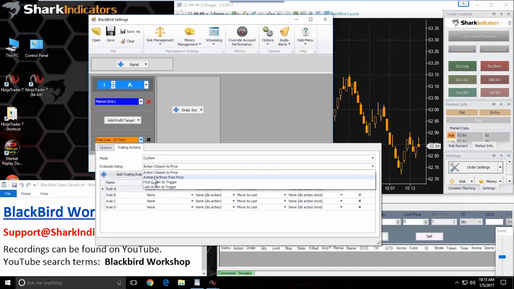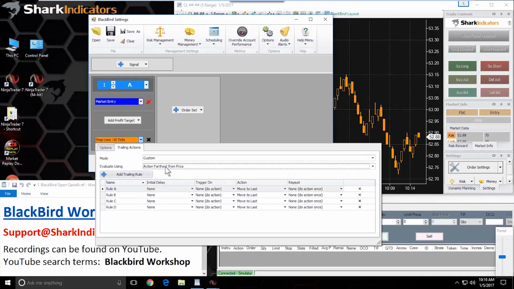Then the next setting down is furthest from price. Maybe you want to keep your stop loss further away, a looser or wider stop loss. If keeping your stop loss at the widest distance, the furthest away from price as possible, is what's important to you, then that's another option.